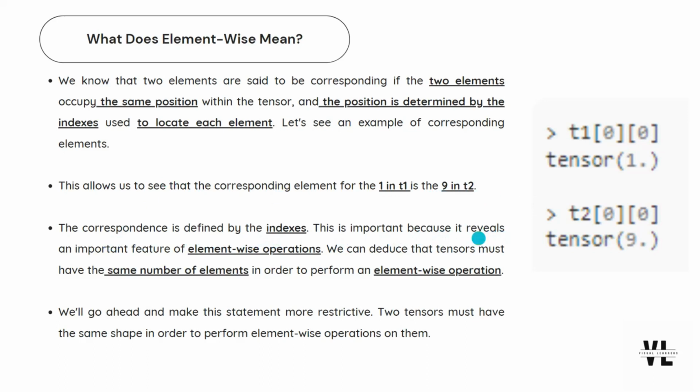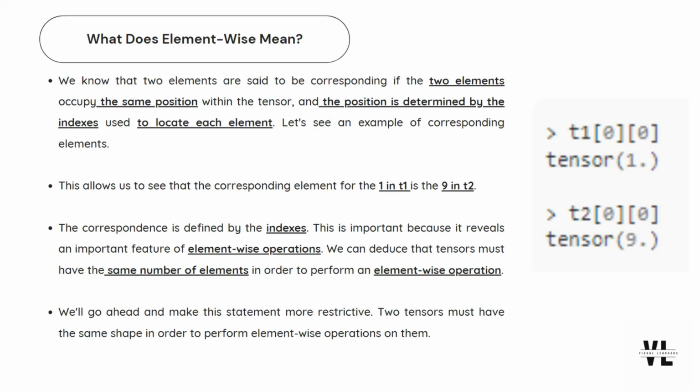This is important because it reveals an important feature of element-wise operations. We can deduce that tensors must have the same number of elements in order to perform an element-wise operation. Since each of the corresponding elements must be in the same location, if we have one element in the first tensor and it doesn't have a corresponding element in the second tensor, that means we're not going to be able to execute an element-wise operation.